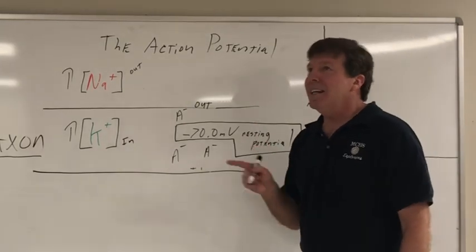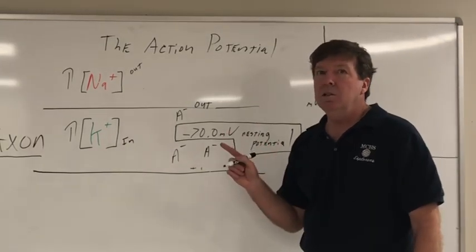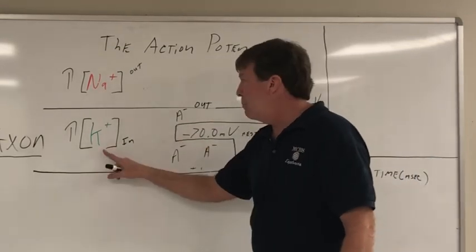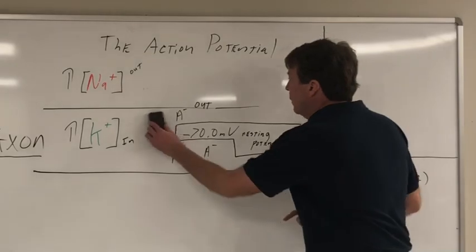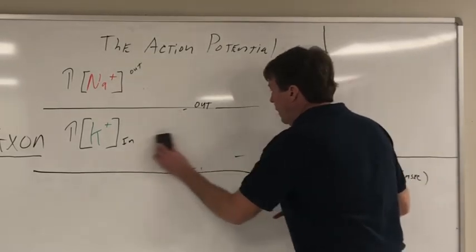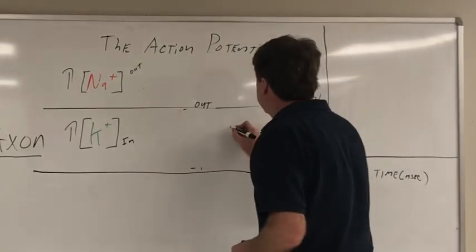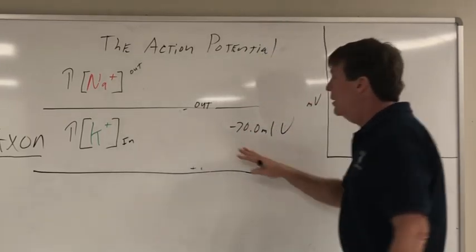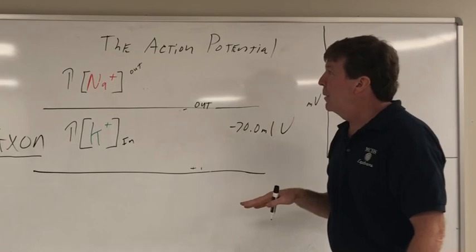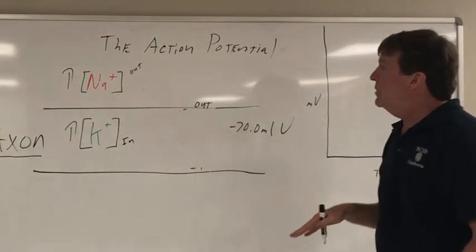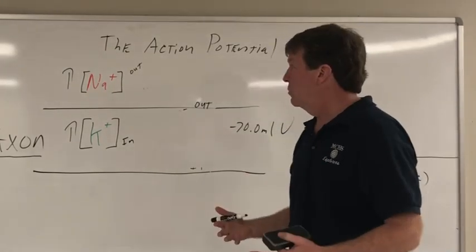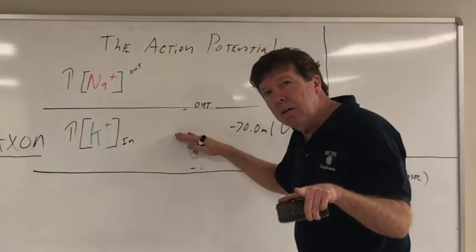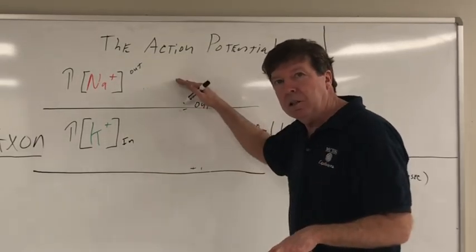So the key here, at least one of the keys, is understanding we're starting off with high sodium out, high potassium in. Let's get rid of this, and I'm going to write negative 70.0 millivolts on the inside there. Let's consider a resting nerve cell, and the resting nerve cell is a tiny bit negative on the inside compared to the outside.